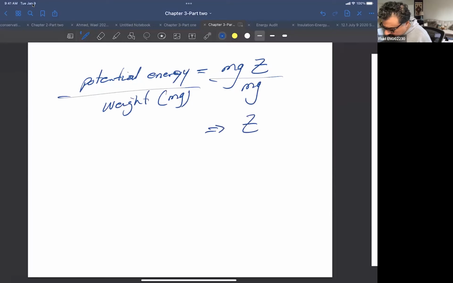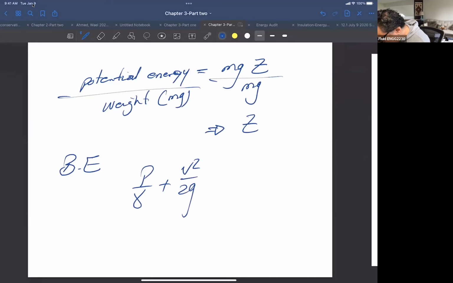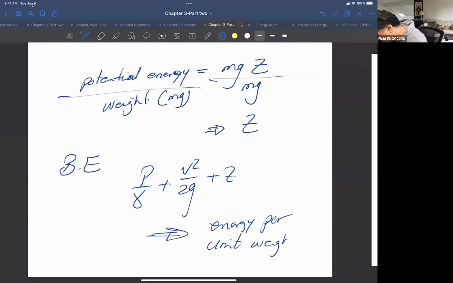So this is again the potential energy per unit weight, which means that the Bernoulli equation, P over gamma plus V squared over 2g plus z, is an energy per unit weight equation, right? So this gives you an idea about what we are trying to show here. And every single one of these terms is going to be a head. So this term here will be pressure head.